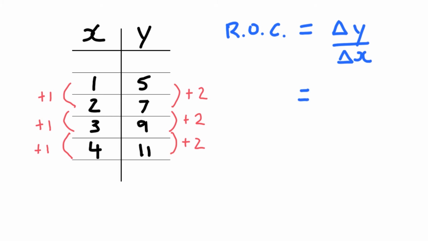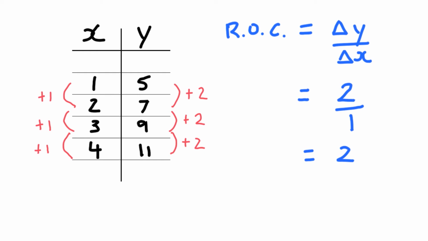Well, I know that the y values are changing plus 2 each time. So I can write plus 2 or just 2 because we assume that's a positive. And the change in the x values are plus 1 each time. So my rate of change is 2 over 1. And since it's 2 over 1, we can simplify that just to 2. Why is this important?